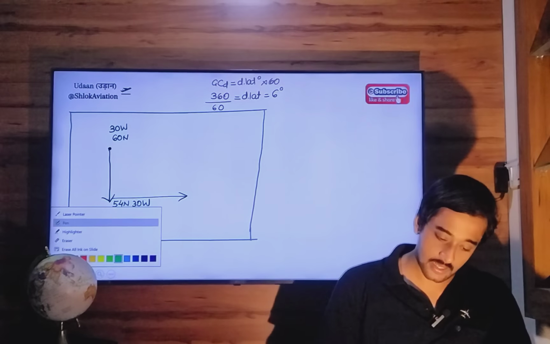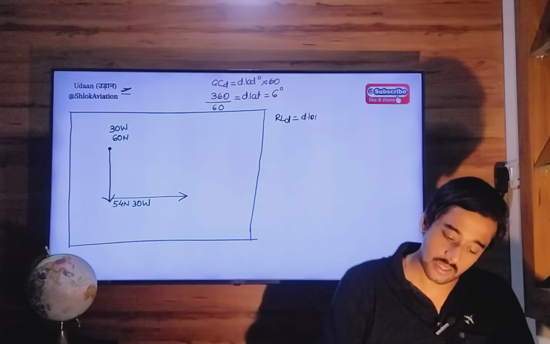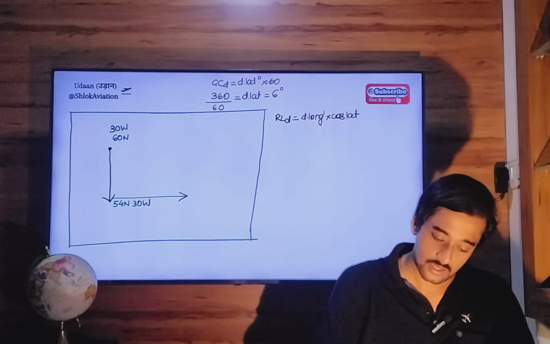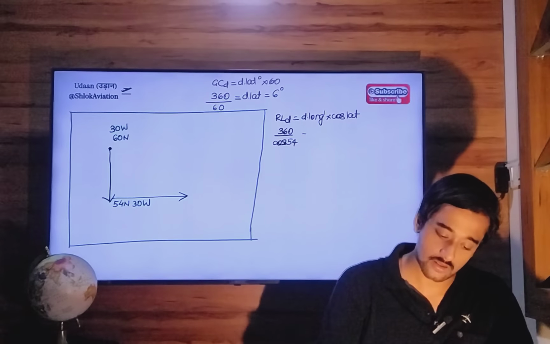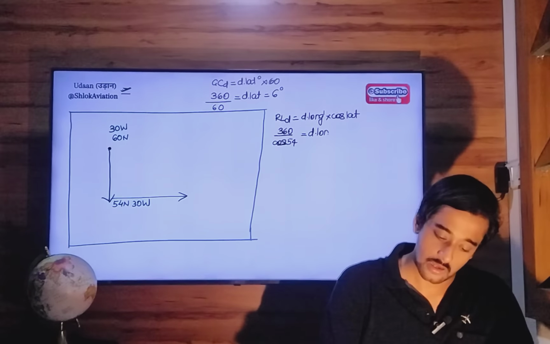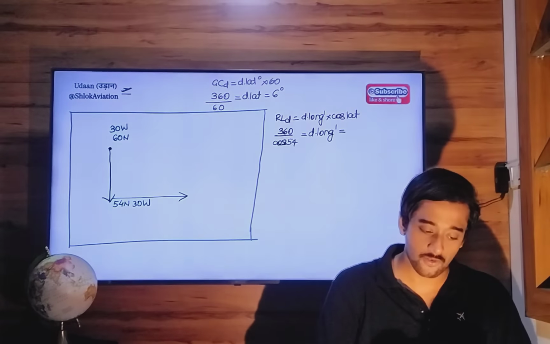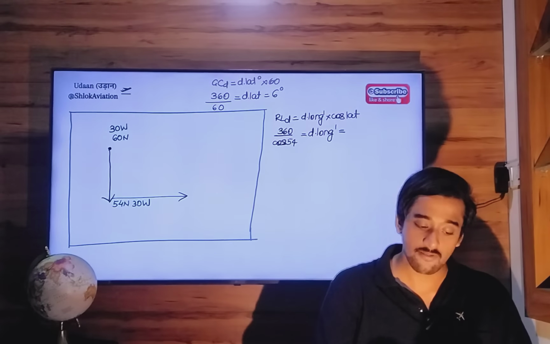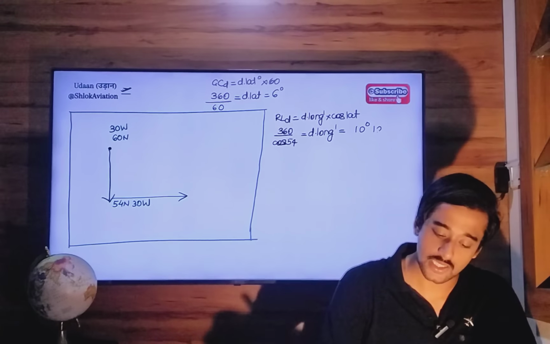So use rhumb line. Rhumb line distance equals d long in minutes into cos lat. 360 divided by cos of 54. 360 divided by cos 54 is 612 minutes 28 seconds. Divided by 60 is 10 degree 12 minutes.